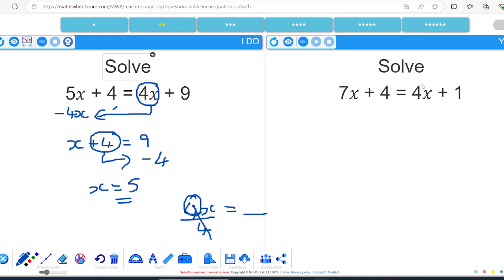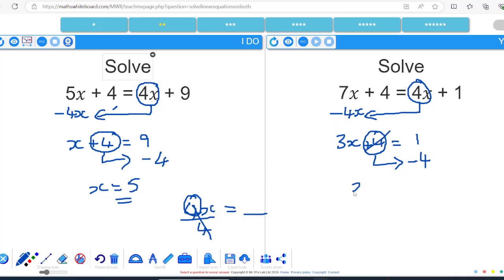Let's see how you did. So remove the smallest version of x by putting it to the opposite side of the equation and doing the inverse. 7x minus 4x gives me 3x. I've still got my plus 4 and I've still got my plus 1, so I can just write that as 1. I'm then removing my 4, making it easier by taking it to the opposite side and doing the inverse.